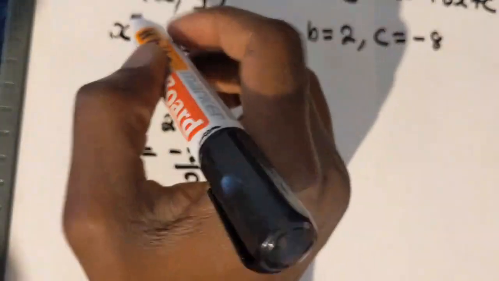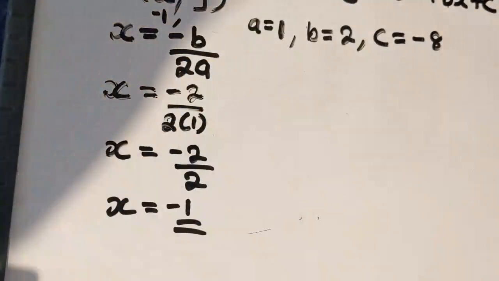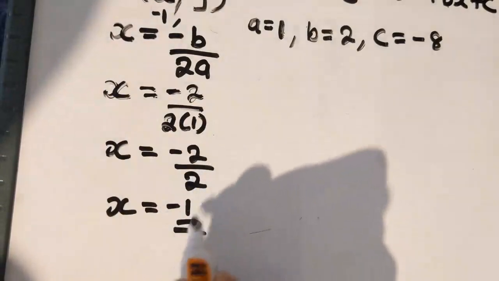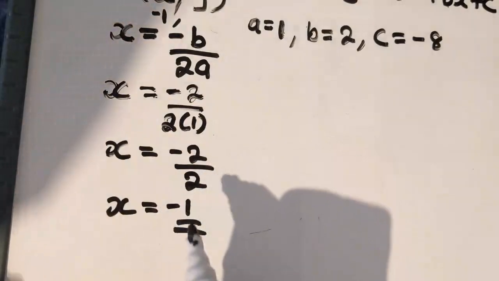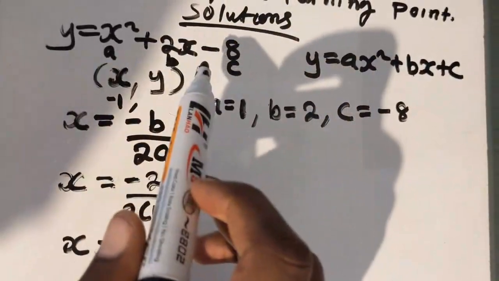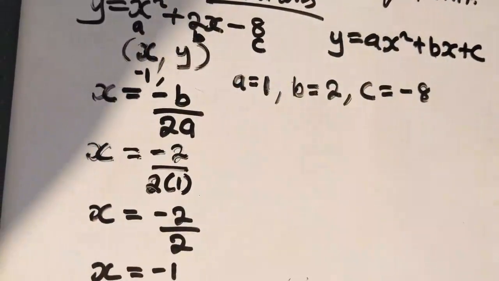So here we have found the x coordinate, which is negative 1. Comma, we need to find the y coordinate. How do you find the y coordinate? You just take this value and substitute it in the equation. That is when you find the value of y.